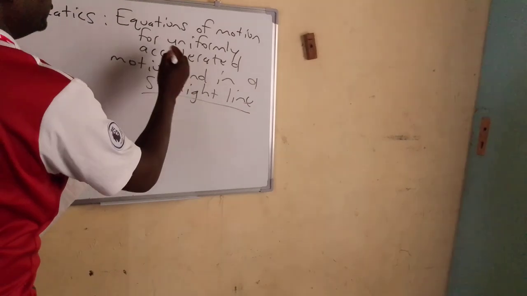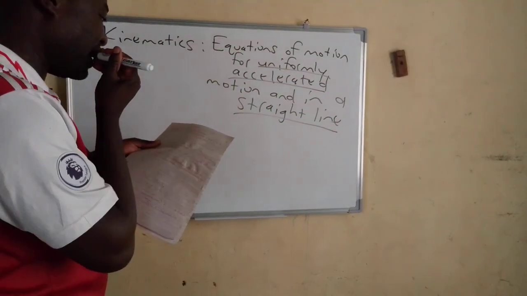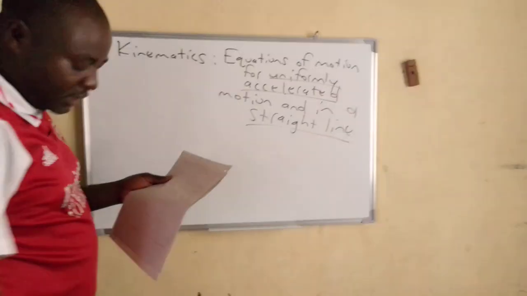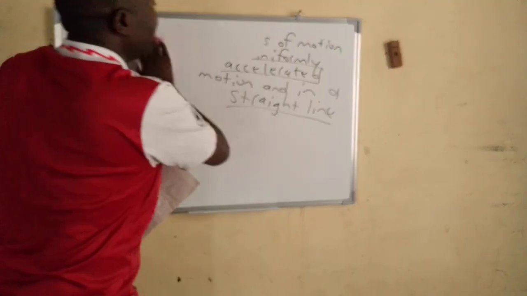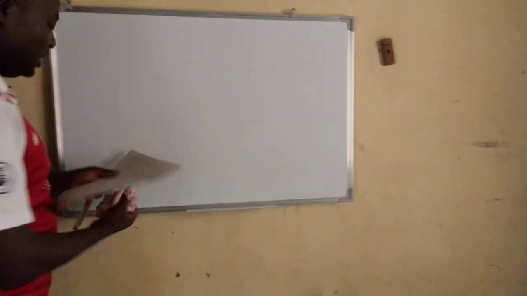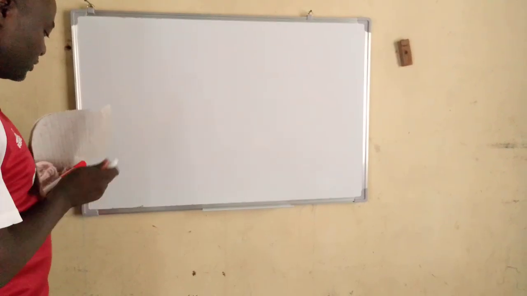The motion is in a straight line. The motion is uniformly accelerated. But we begin with the definition of speed and velocity.